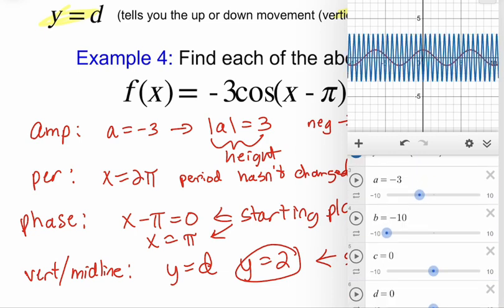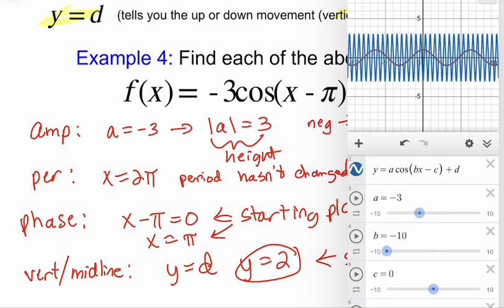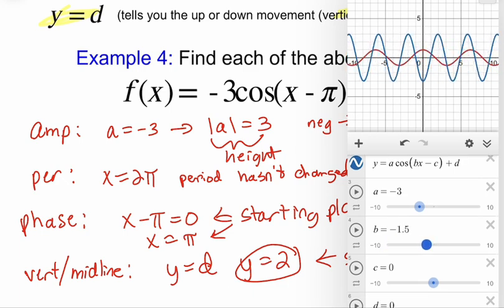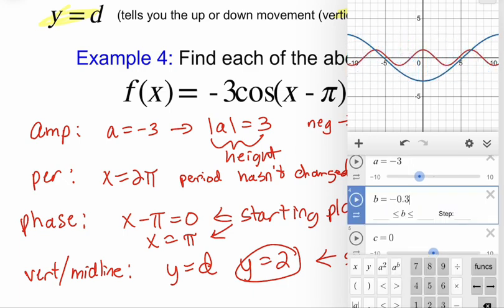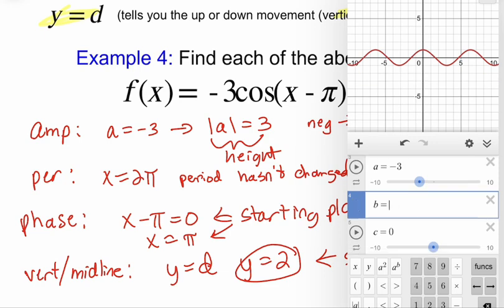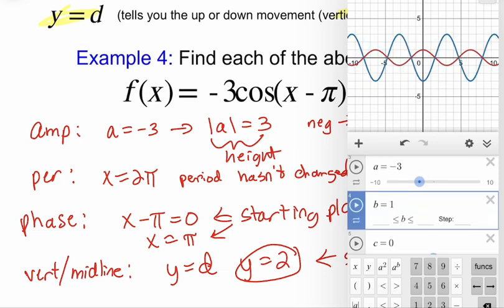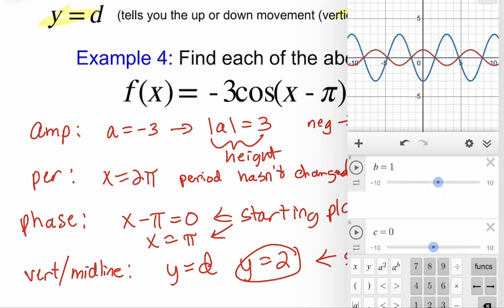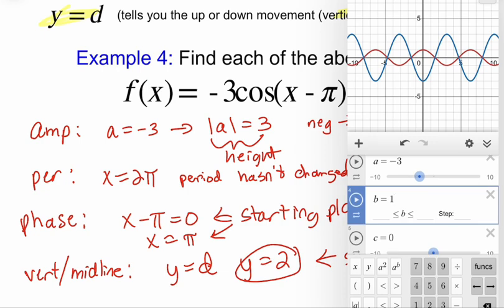So let's make that a minus pi. I totally messed this up. Wait, what did we say that B was? 1. Okay. And then our C value is now going to be a pi.